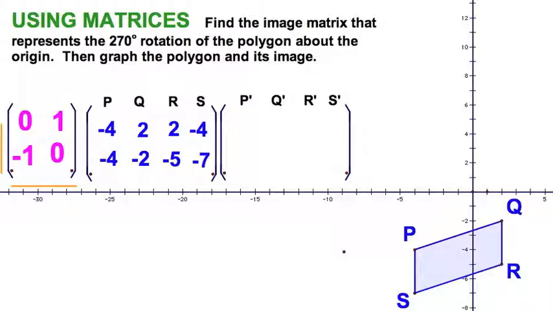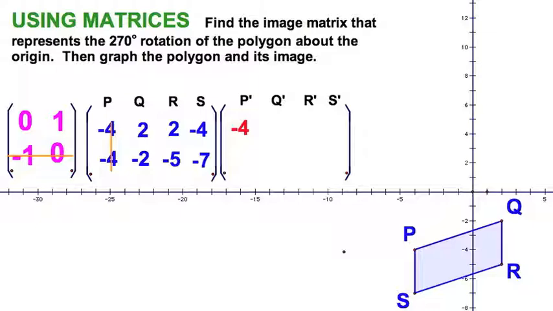We're going to multiply, again, first row times first column. We've been doing this over and over. 0 times -4, 1 times -4. So the element over here, in the first row, first column, is -4. Second row times first column, -1 times -4 is a +4.